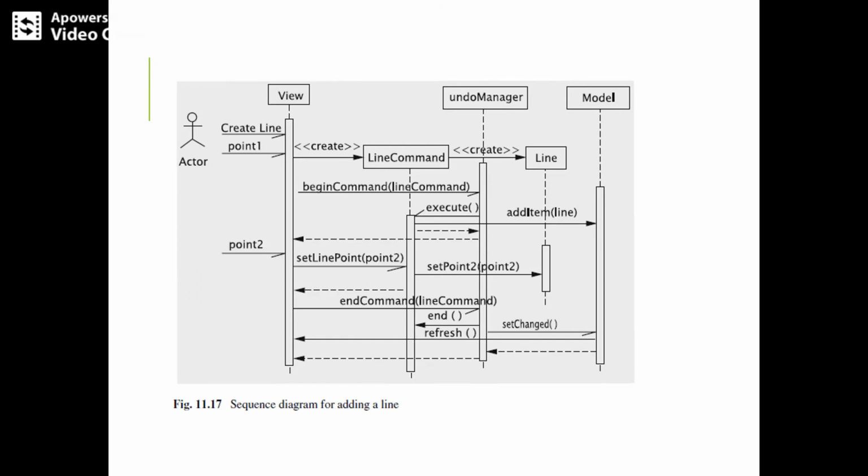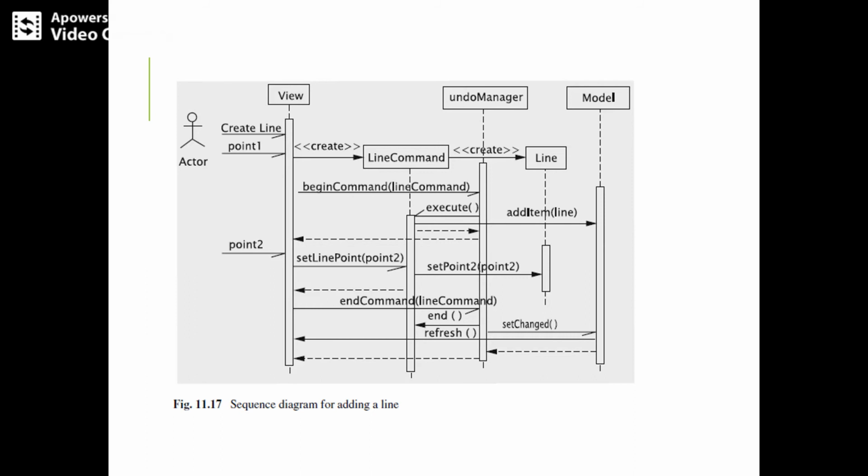Now let us discuss employing the command pattern. What is the meaning of employing the command pattern? Here the stack object, for example the line object, passes itself as a reference, which is double dispatch.